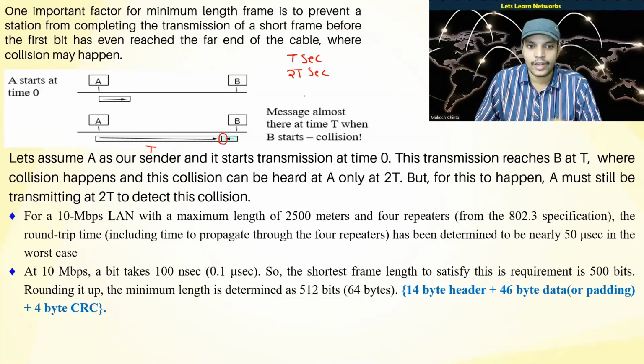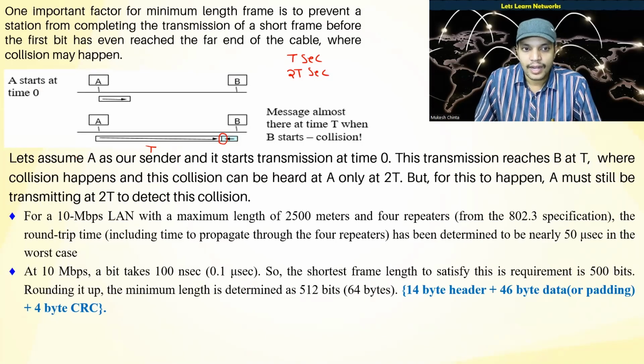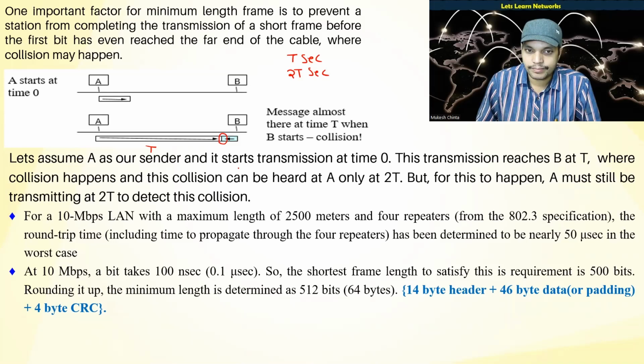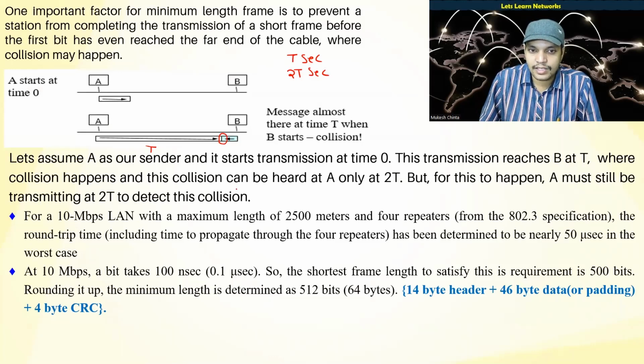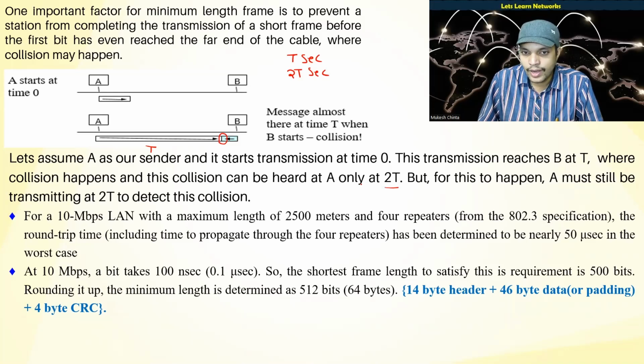Okay, from that calculation, let us try this. Let us assume A is our sender and it starts transmission at time 0. This transmission reaches B at t, where the collision happens, and this collision can be heard at A only at 2t. Now for this to happen, A has to be listening at 2t.